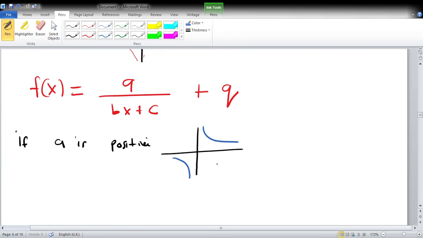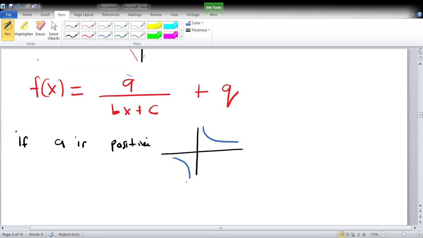Remember, it's coming from 1 over x. So if this a is positive, you should be able to explain such a graph. These are the fastest ways of sketching hyperbolic functions of that form. Just begin by investigating: is my a positive or negative? If a is positive, it will be something of that nature.